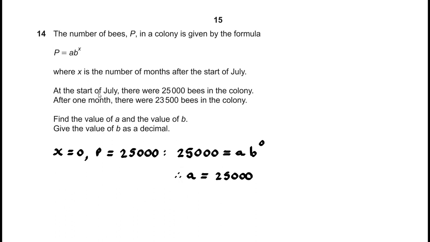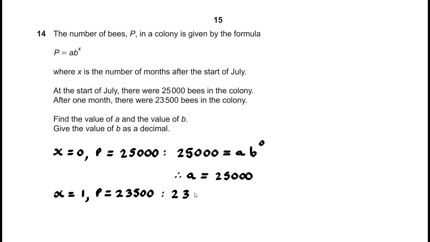Now, after 1 month, so that means x equals 1, we know that the number of bees is 23,500.